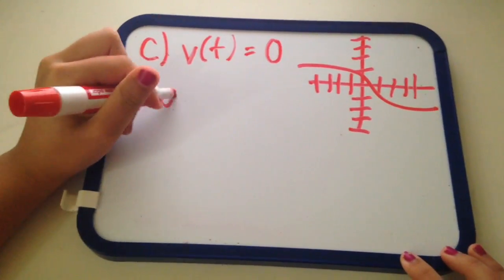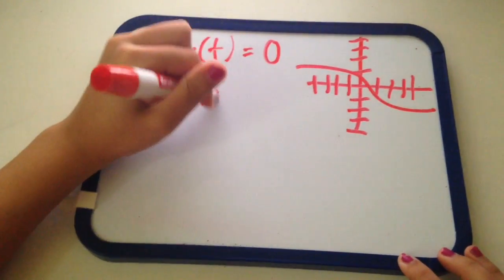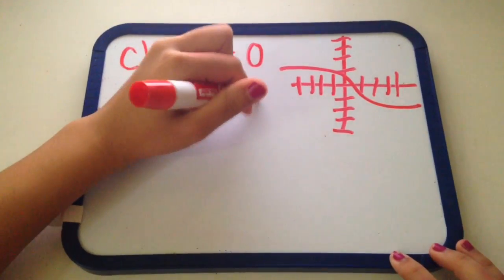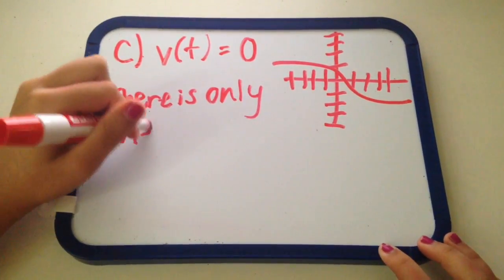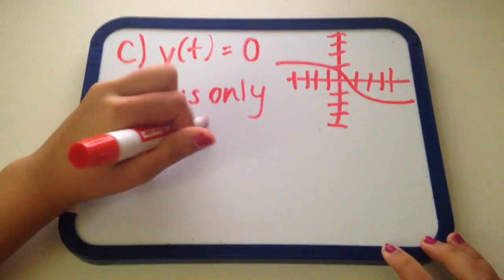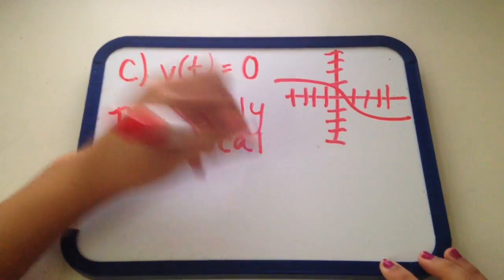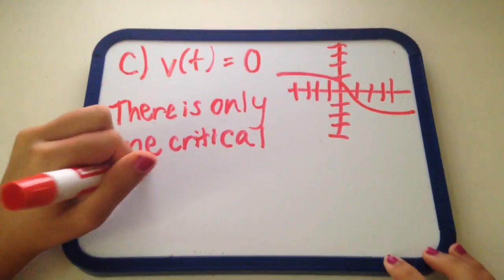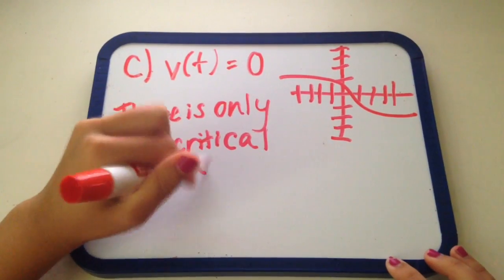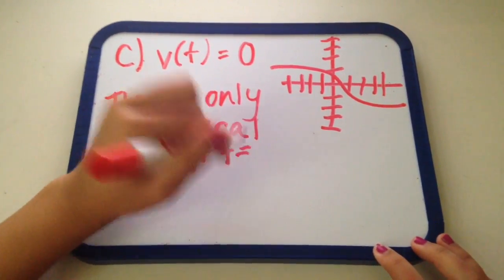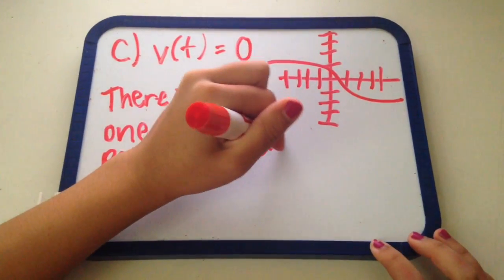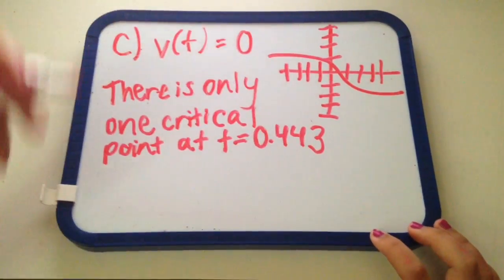So there is only one critical point at time equals 0.443.